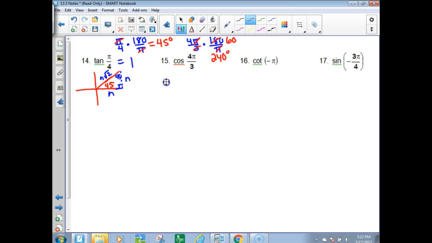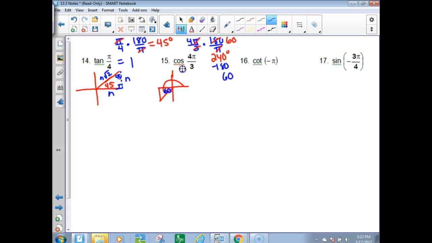Oh boy. All right, so let's figure out where that is. 240 would put me in quadrant 3. Then I'd have to figure out the reference angle. 240 minus 180 gives me the reference angle, 60.